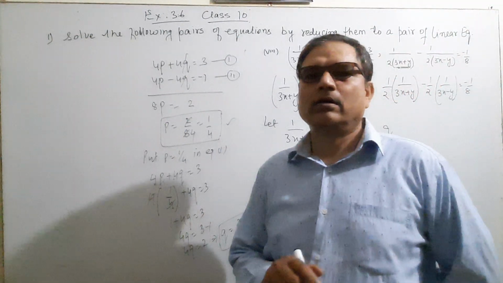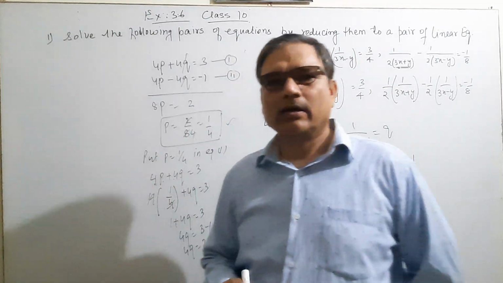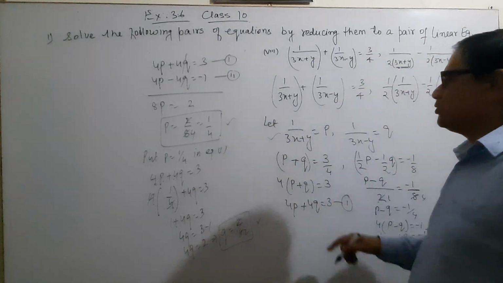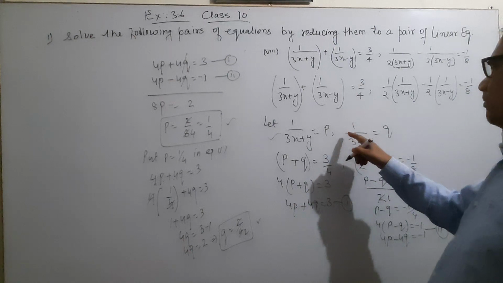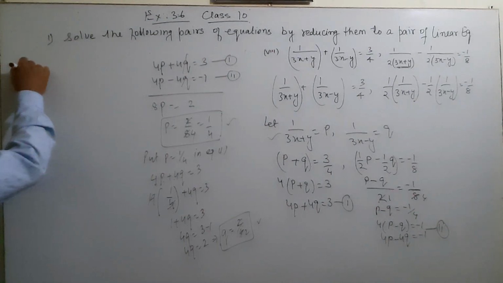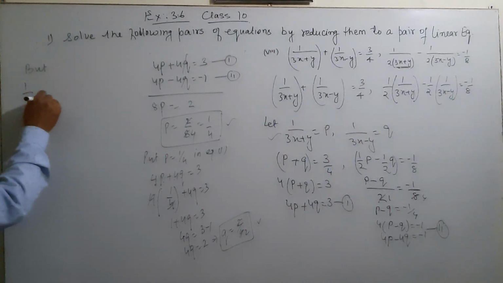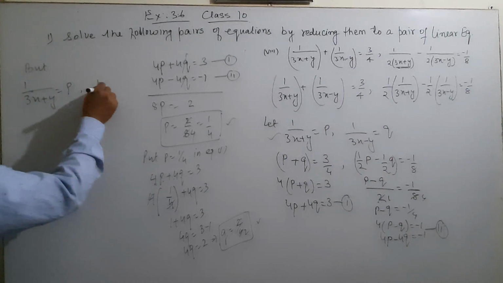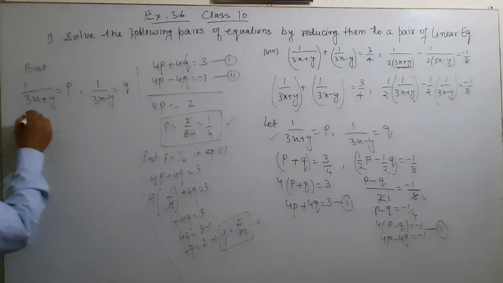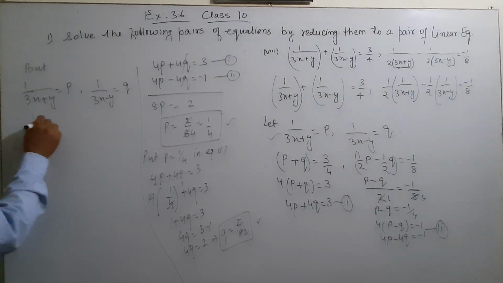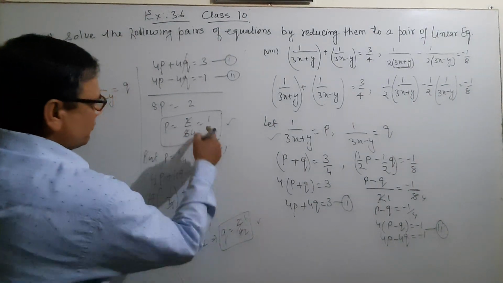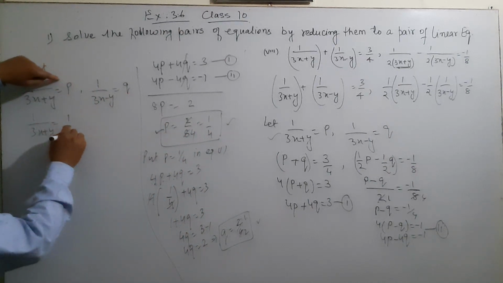But we want the answer in terms of x and y. Here are the values of P and Q, but we assumed 1 upon 3x plus y is equal to P and 1 upon 3x minus y is equal to Q. So 1 upon 3x plus y is equal to the value of P, which is 1 by 4.